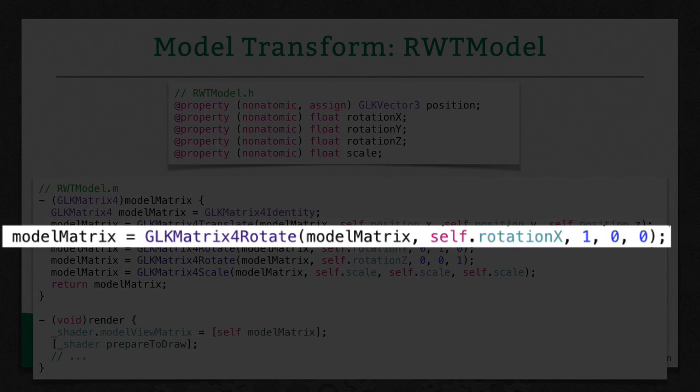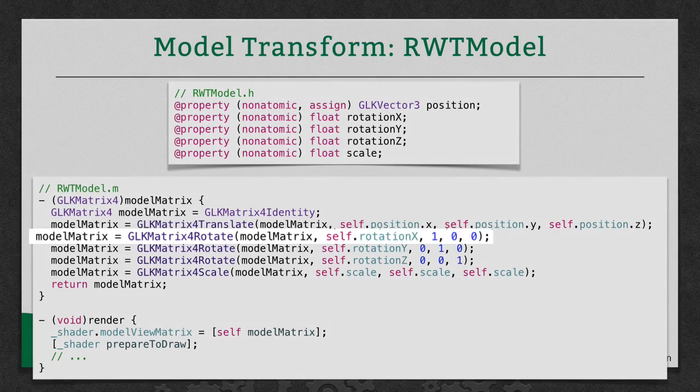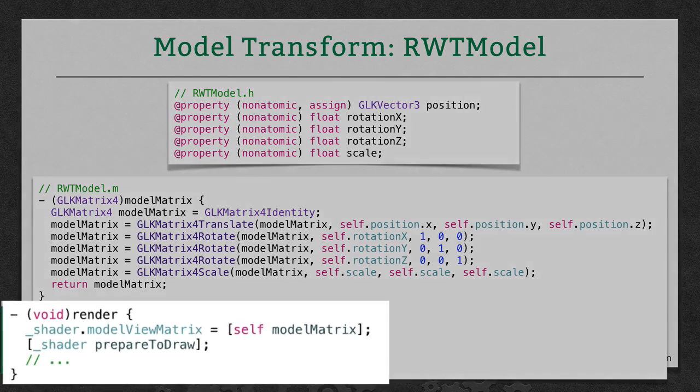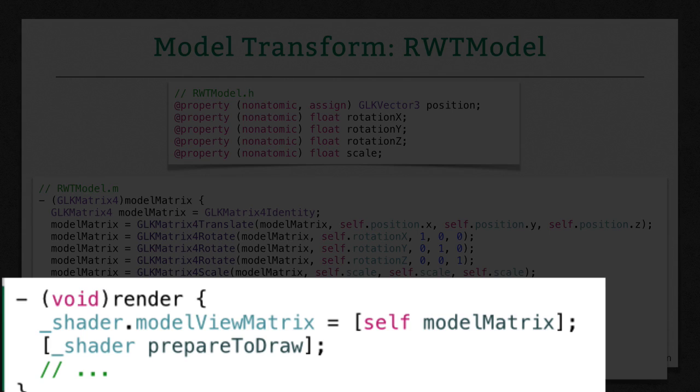And going on to the next line, if we call GLKMatrix4Rotate, it rotates around the x-axis (1, 0, 0) by rotation x, and takes that resulting rotation matrix and multiplies it by the previous model matrix, which at this point is including the translation. And then we just repeat these steps for the other two rotations and for the scale. And in the end, we have a matrix that represents the combination of all of these effects, which is our model matrix. So in render, we simply set the model matrix to the combined matrix that we generate here.